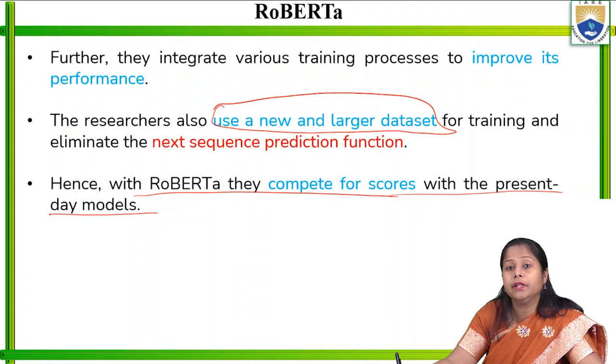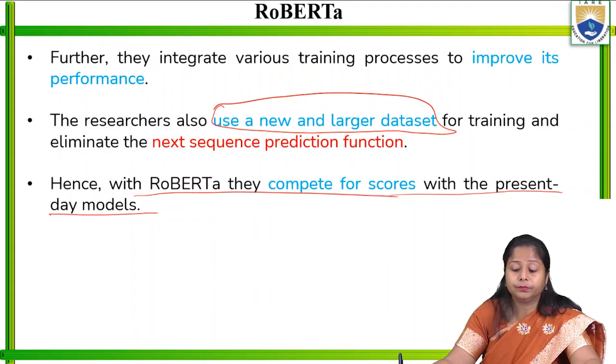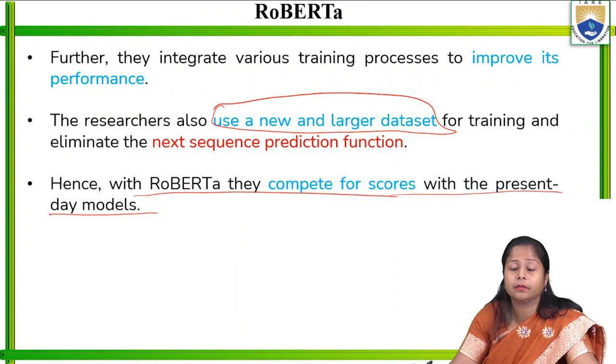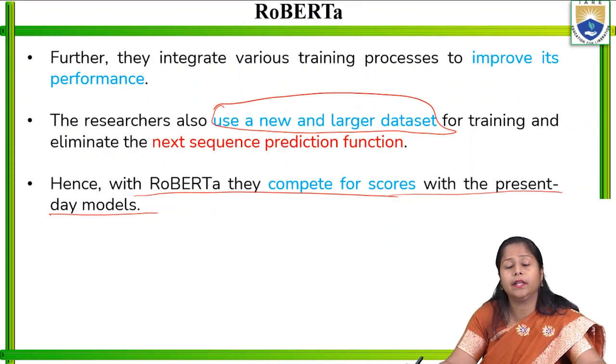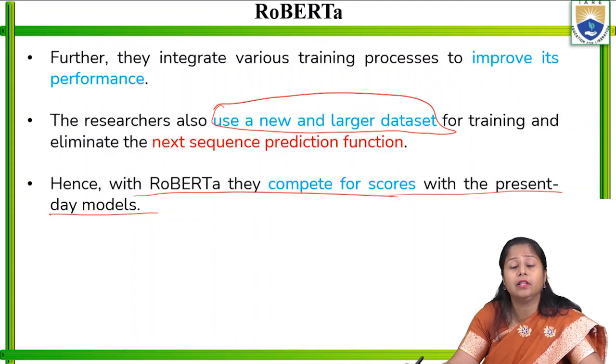They worked with these performance scores and got a high performance score compared to other BERT language models. Although other than RoBERTa, some other models are also there, XLNet and others. These are also used for language modeling for different tasks, and they also give more accurate results according to the context and need.